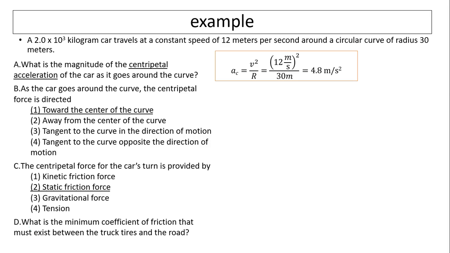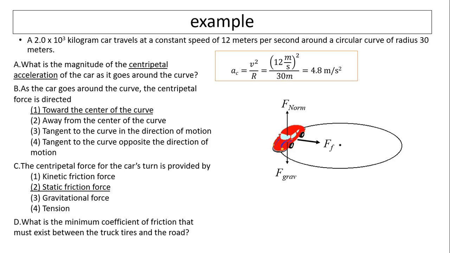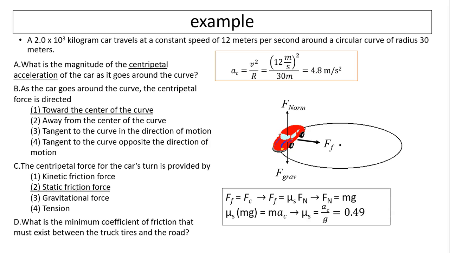What is the minimum coefficient of friction that must exist between the truck tires and the road? Let's take a look. In this case, here is a free body diagram. We know static friction is the one providing centripetal force, so we set them equal to each other. Static friction equals centripetal force. Friction equals mu s times Fn. In this case, F gravity and Fn are equal to each other, so Fn equals mg.